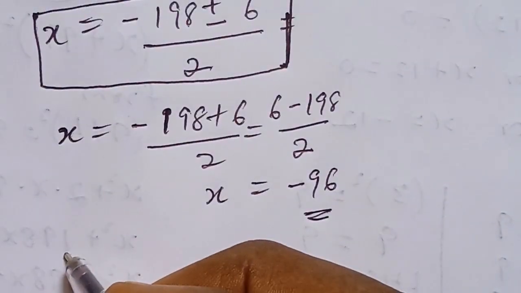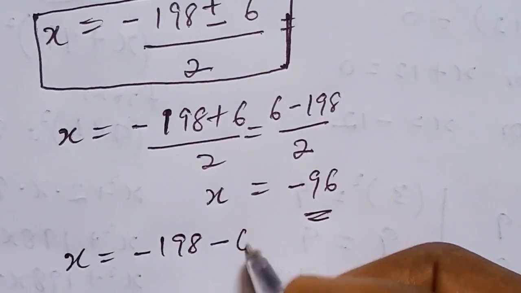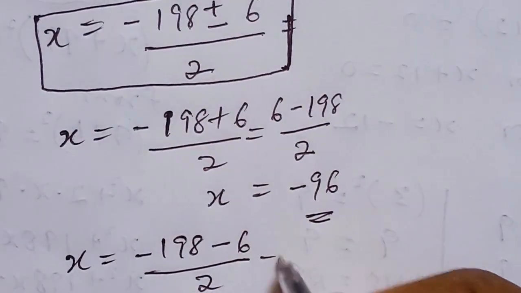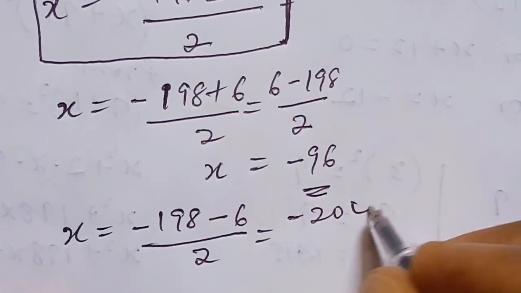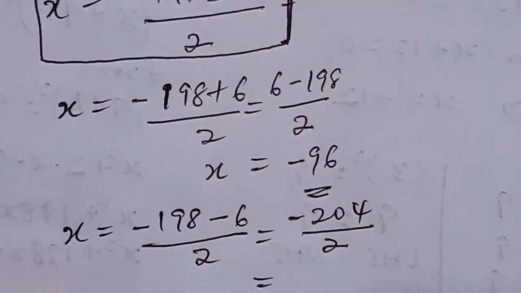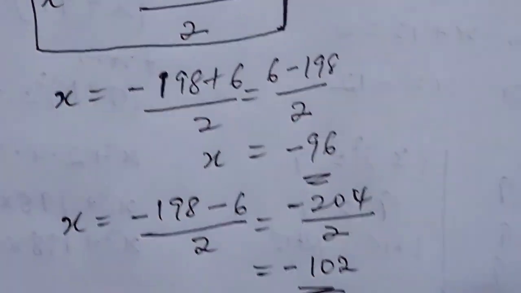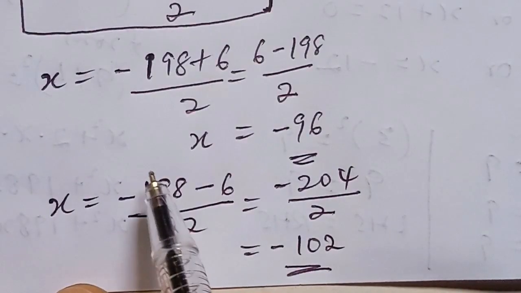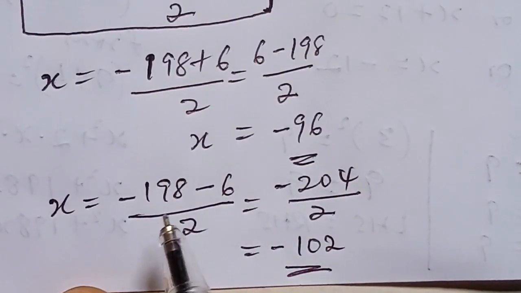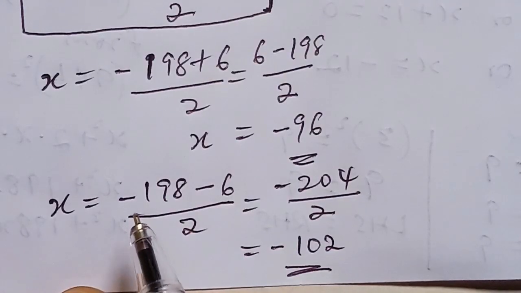Then for the second value of x, we have minus 198 minus 6 over 2, which can be written as minus 204 over 2, and this is equal to minus 102, which confirms the factorization method with the quadratic formula method.